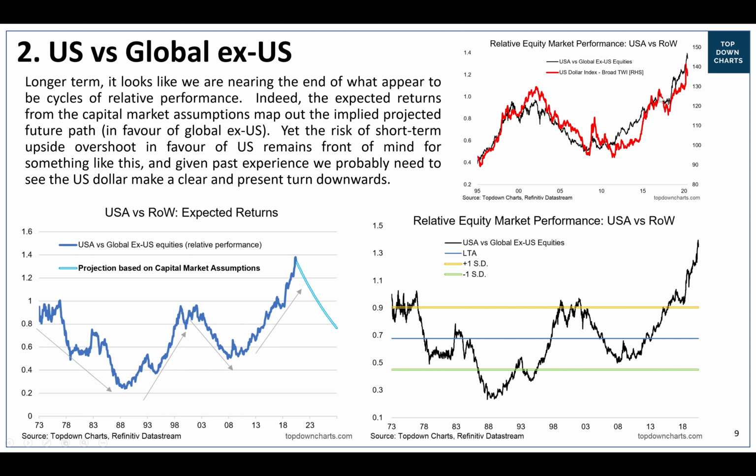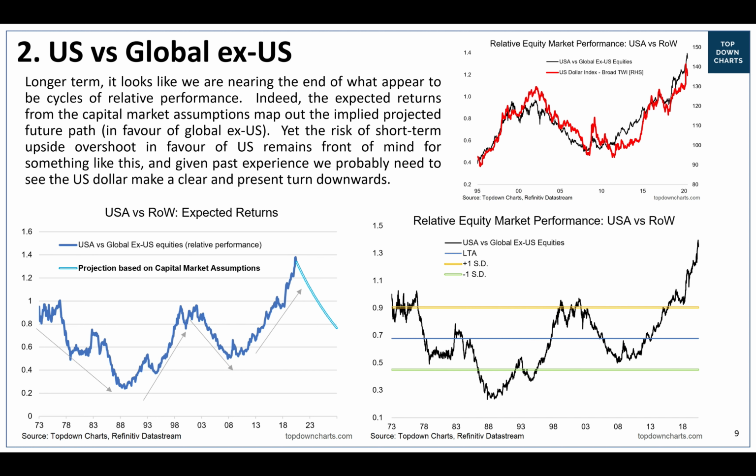But the key point there is that the US dollar index, the broad trade-weighted index, tracks fairly closely to the path of relative performance, and there are a few reasons for that. One is just straight-up translation effects. If the US dollar is getting stronger, then from the currency translation standpoint, because this is in US dollar terms, that will basically be a headwind.